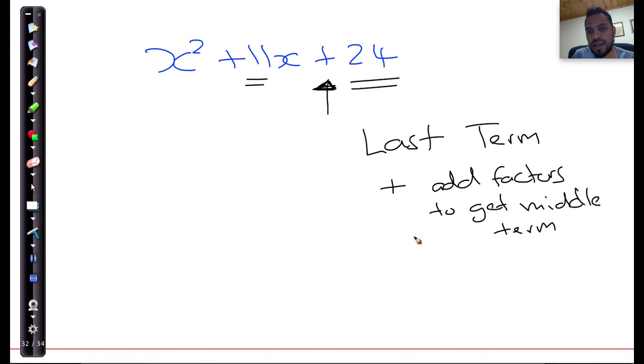And then the second thing that the plus sign tells me is that the signs in the factors, or in the brackets, must be the same.